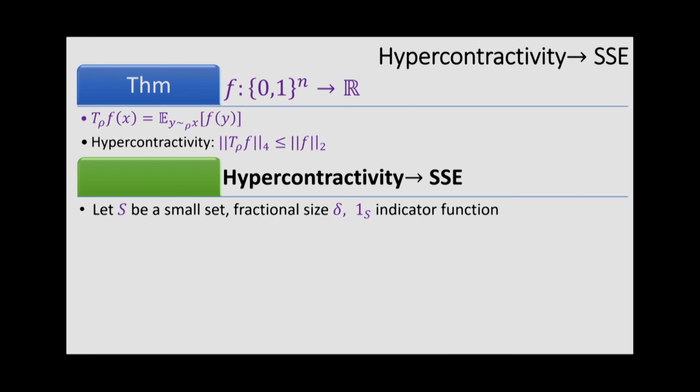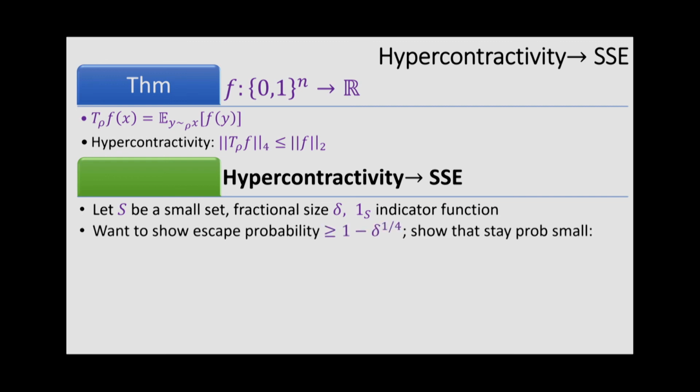So let S be a small set, denote its fractional size by delta, and let's consider the indicator function of S. So we want to show that the probability to escape it is at least 1 minus some function of delta. So instead, we'll show that the probability to stay inside it is smaller.